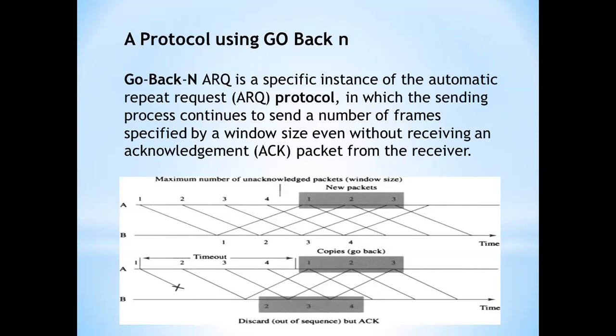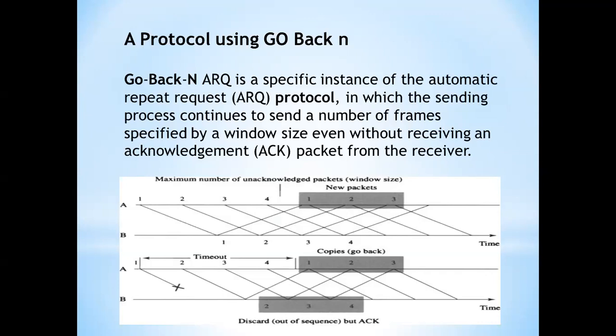Therefore, an improved protocol known as Go Back N ARQ has been developed. It is a method used to overcome the inefficiency of stop and wait ARQ by allowing the transmitter to continue sending frames so that the channel is kept busy while waiting for the acknowledgements. In this method, if one frame is damaged or lost, all frames sent since the last acknowledged frame are retransmitted.